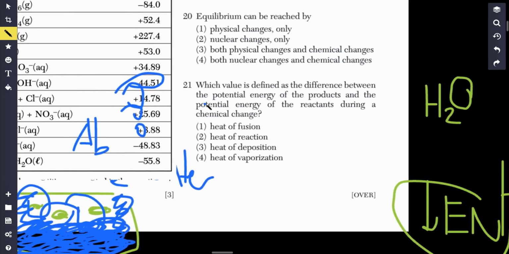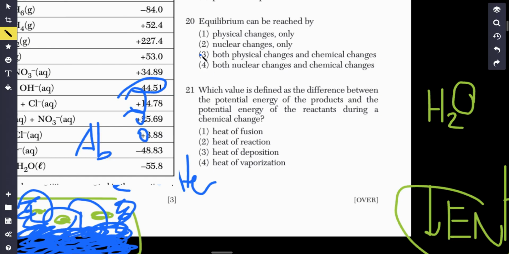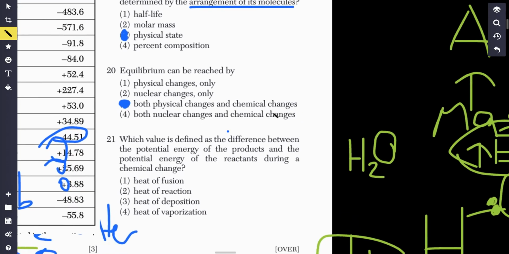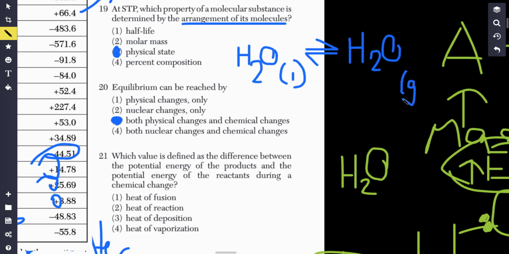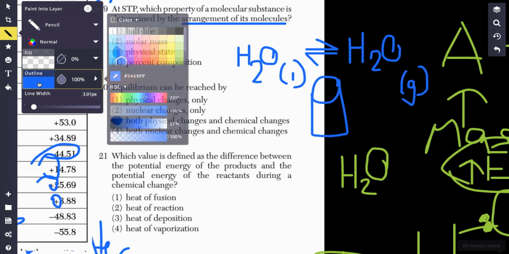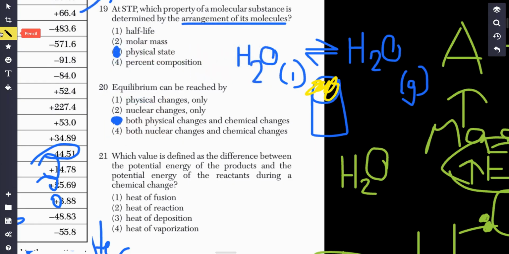Equilibrium can be reached by both physical changes and chemical changes. The way I like to remember it is, let's say this is liquid water; it can be at equilibrium with water in a gas phase. Let's say we have water in a sealed container, and this is the lid.